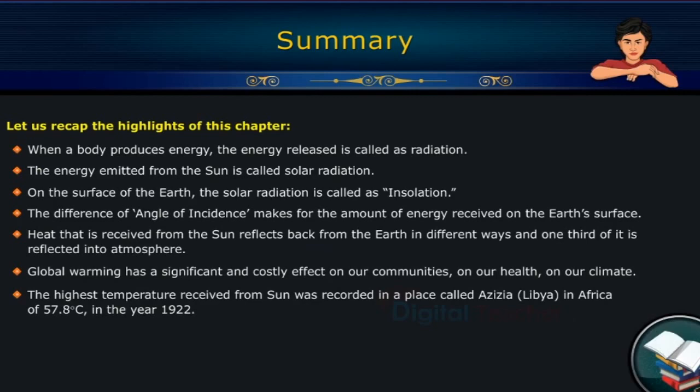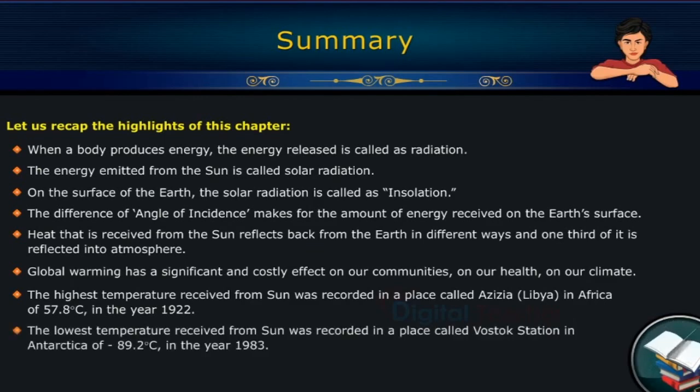The highest temperature was recorded in a place called Azizia, Libya, in Africa, of 57.8 degrees centigrade in the year 1922. The lowest temperature was recorded in a place called Vostok Station in Antarctica, of minus 89.2 degrees centigrade in the year 1983.